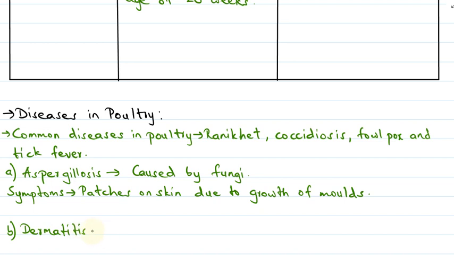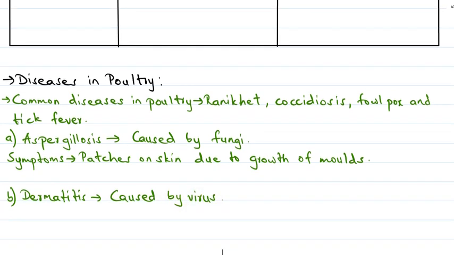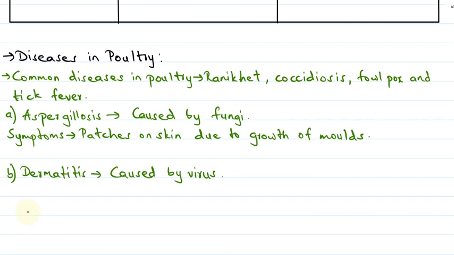Okay, then the next disease we will talk about is dermatitis. Okay, and it is caused by what? It is caused by virus. So it is a viral disease. Okay, now let's see what are the symptoms of this disease.